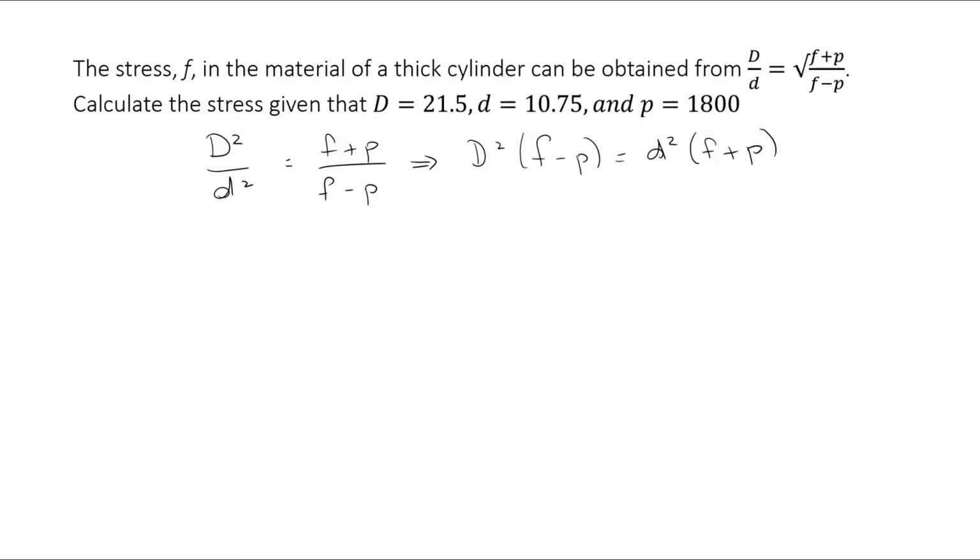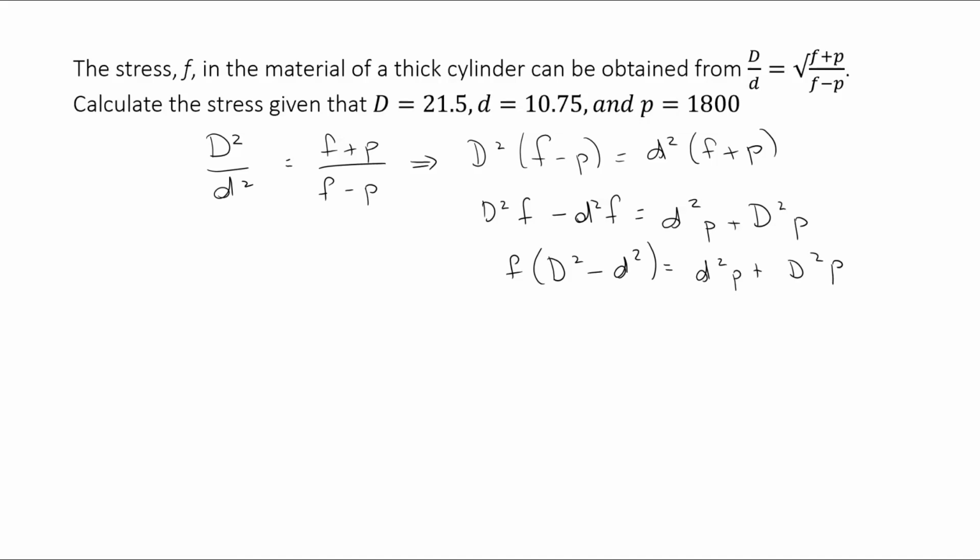You need the F's together, so you would expand the brackets and then you would rearrange, and then you can factorize. You could factorize the right hand side, but it doesn't really matter.